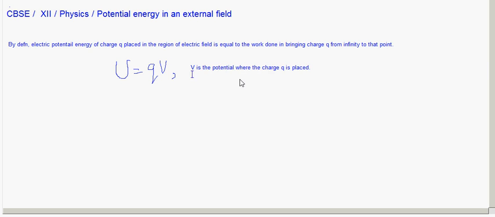So with this definition, we will derive an equation for the potential energy of a system of two charges in an external field. We'll try to derive potential energy of a system of two charges in an external field.